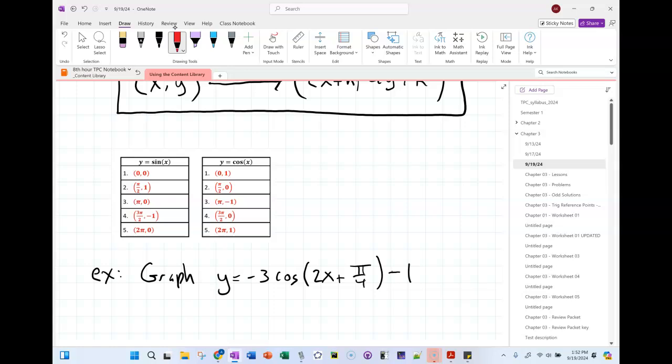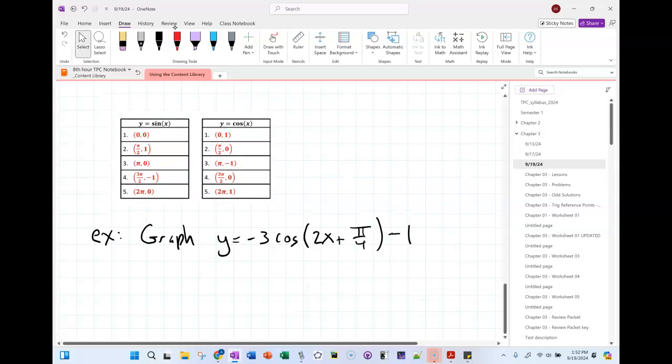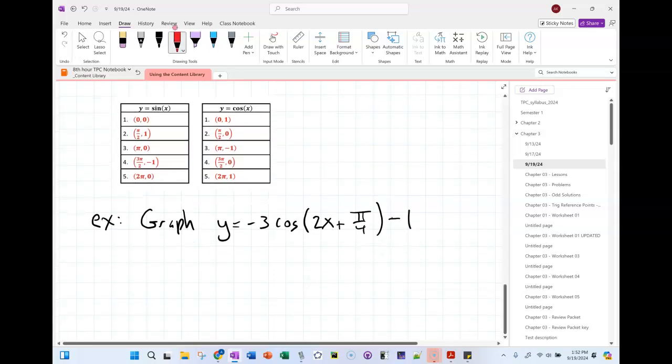So let's say we have y equals -3 cosine of 2x plus pi over 4 minus 1. Okay, that looks like something I might have to graph at some point, sure. So we want to start by finding our values for a, c, h, and k.